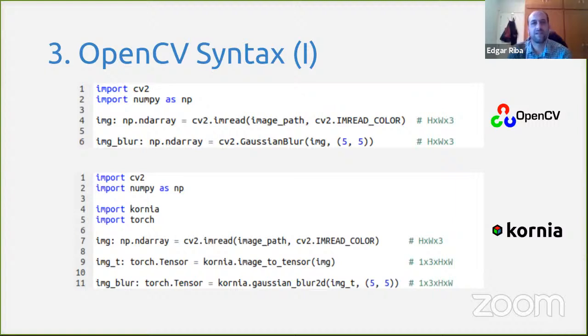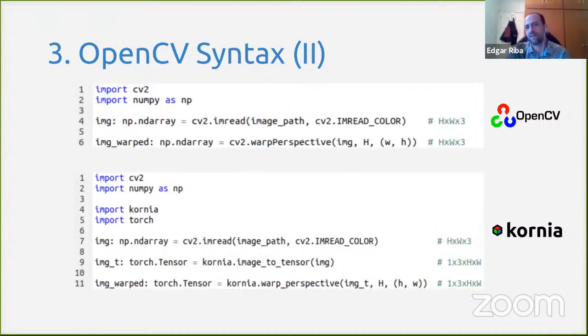In this case, using this Gaussian blur operator, you can read an image in OpenCV, and then in the case of Kornia, you have to convert it to a torch tensor. We have this utility function to convert a NumPy image in the format from OpenCV to torch, and then you feed this image to the Kornia operator, and you can see that the API is very similar to OpenCV.